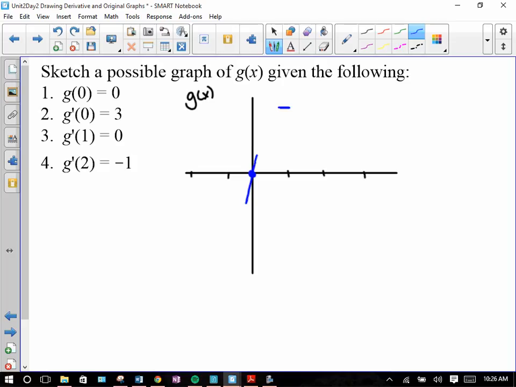At g prime of 2, my slope is equal to -1. So that tells me that my function is going to be decreasing, from a slope of 0 to a slope of about -1. Alright? So I'm just going to draw a graph.